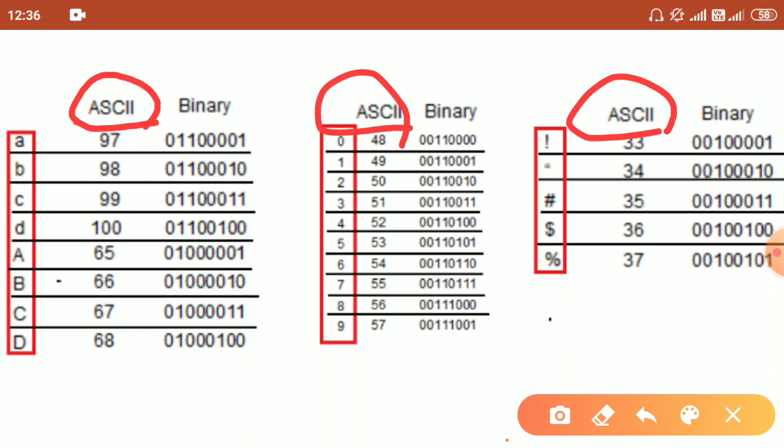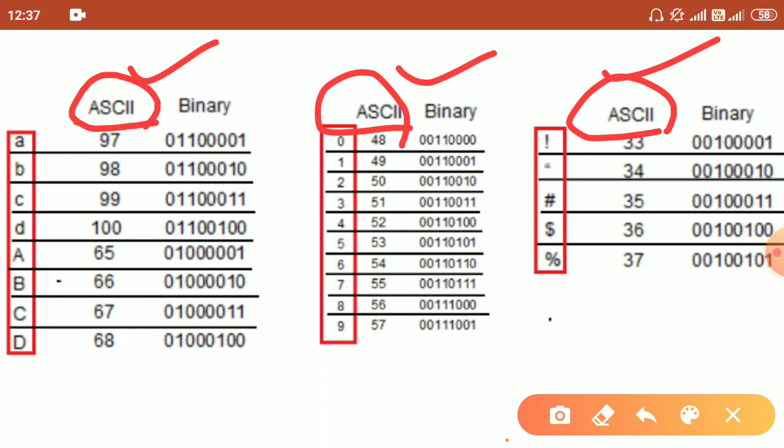If you do not have a standard set of character codes, you can see what kind of problem can arise. So that is why it was decided that the whole world will follow this ASCII character set code. I hope now you can understand why you need ASCII.